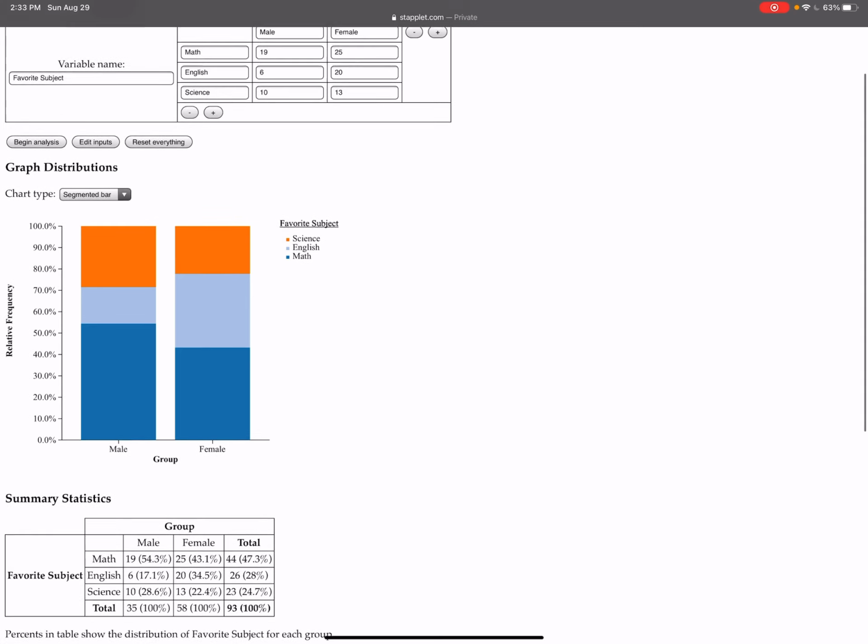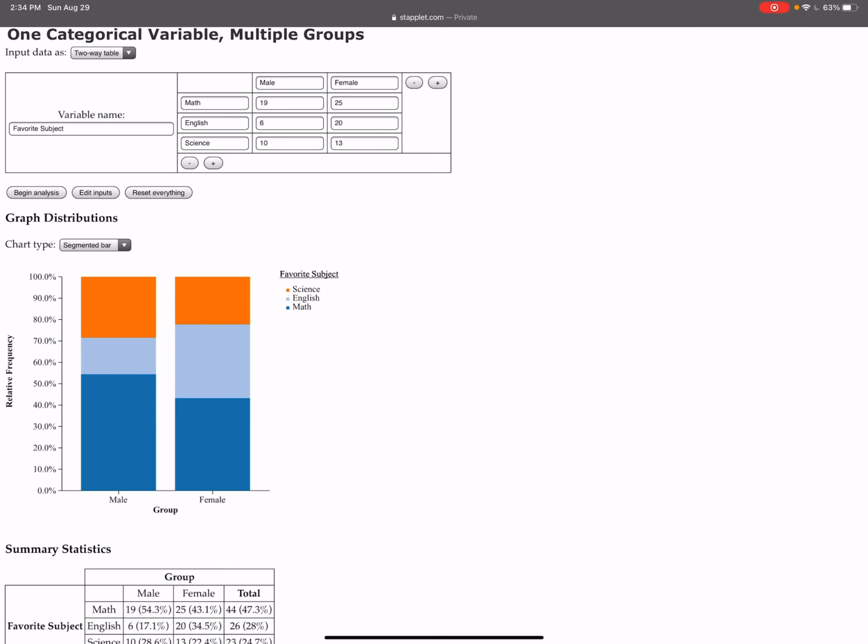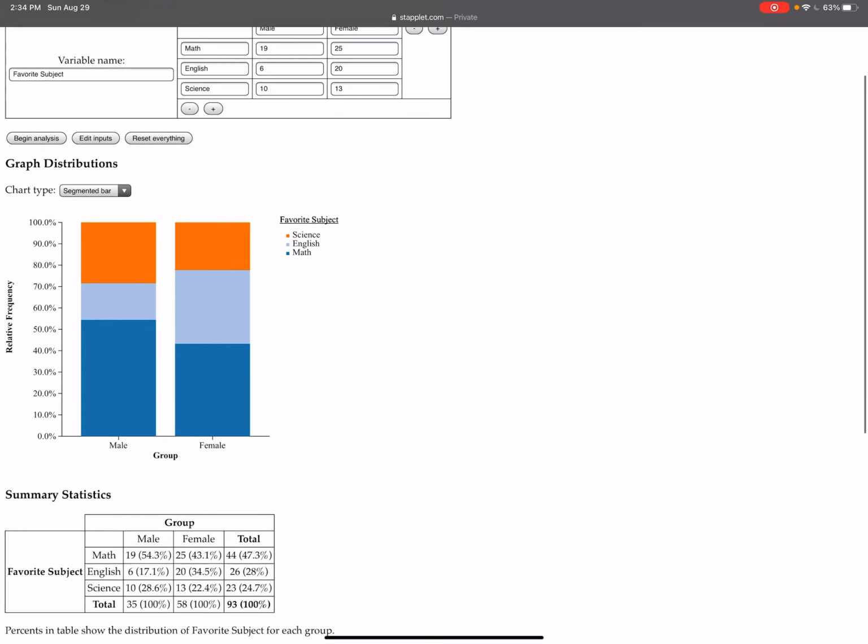So a question might be, are gender and favorite subject independent of one another? Do they have an association? Well, if you'll notice, a higher percentage of males like math than the females.